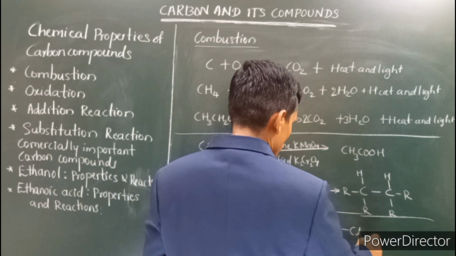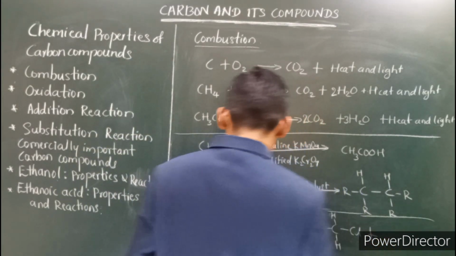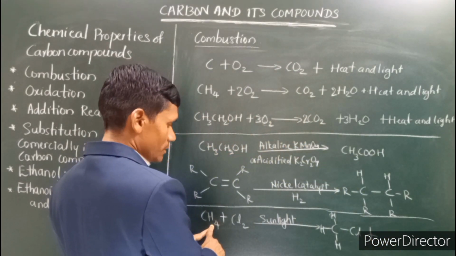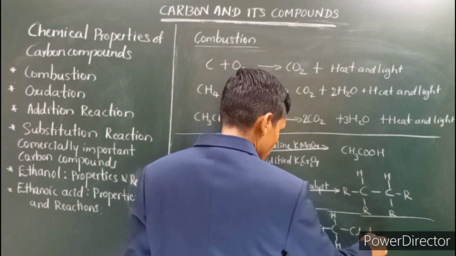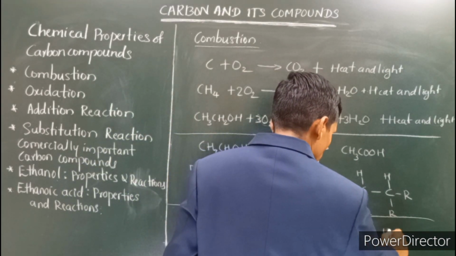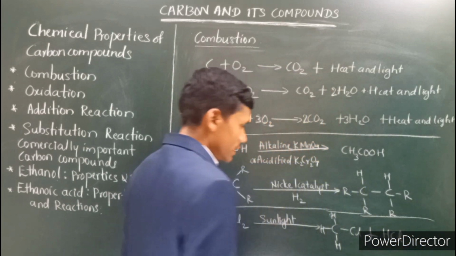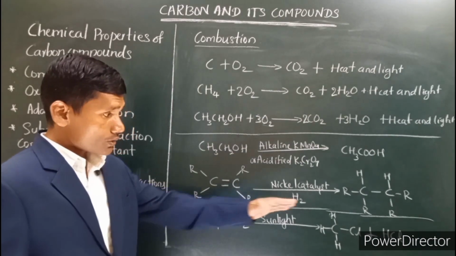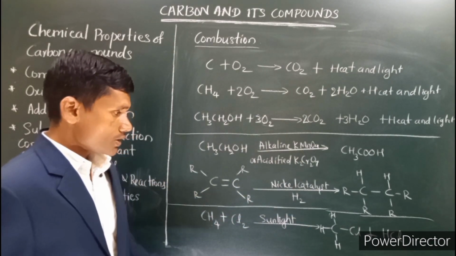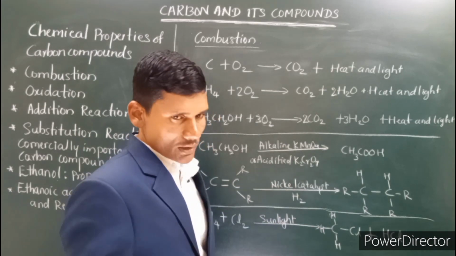One chlorine is adding, and along with that, one hydrogen from this methane and one chlorine from this chlorine gas are converted to hydrogen chloride, HCl. In the form of HCl, hydrogen chloride gas is liberated there. So this is CH3Cl, chloromethane.